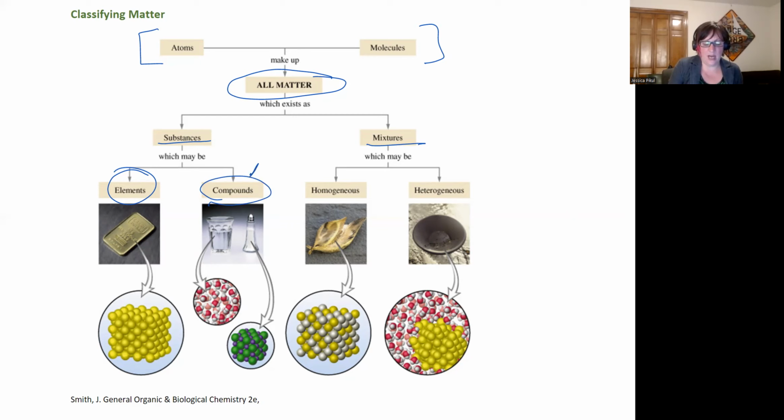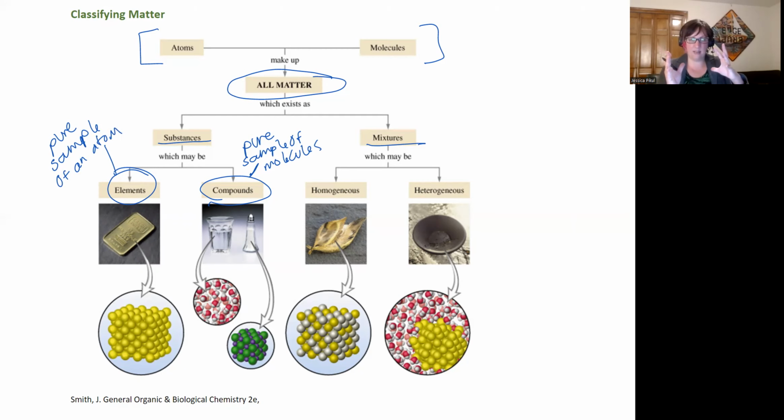So this would be something that was just one molecule, but lots of it. So like it's a pure sample of molecules. Maybe that's the way to say it. Well, an element's really going to be a pure sample of an atom. So that's kind of our straightforward, you just have one thing.